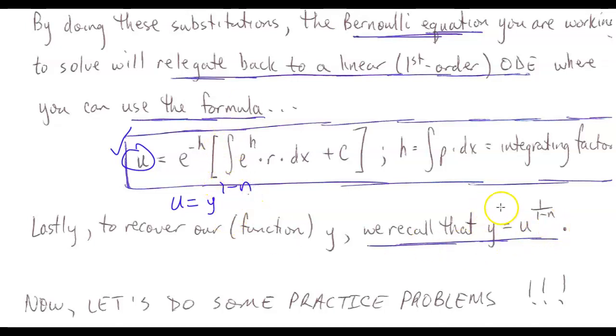And of course, from that, we can solve for y by having y equal u raised to the 1 divided by 1 minus n. So whenever we solve this first order linear equation, it will be in terms of u. And then, of course, from that, we just do what we need to solve for y.